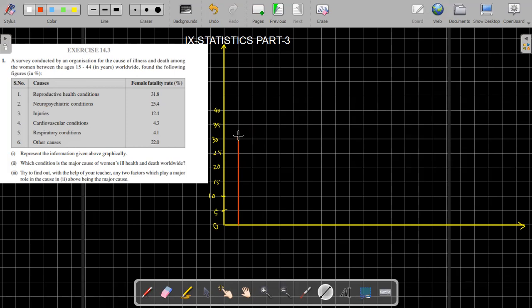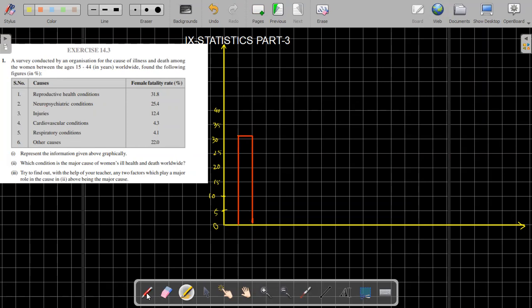Here also you have to take 31.8. Okay. So this is your first graph. Now you have to write its name. You can write here reproductive health condition like this.